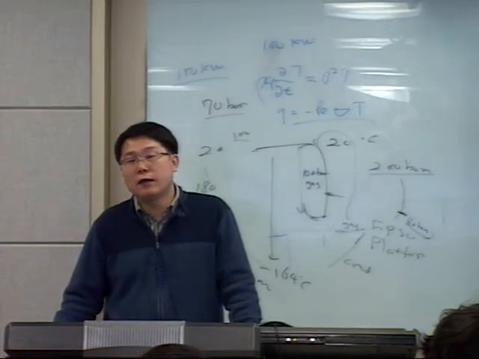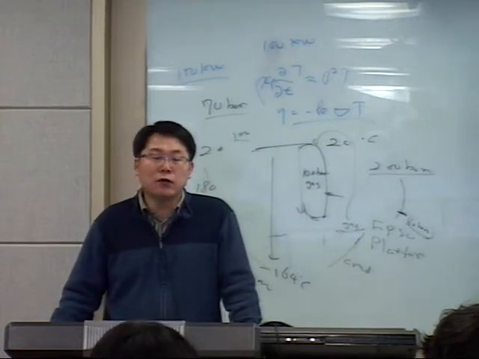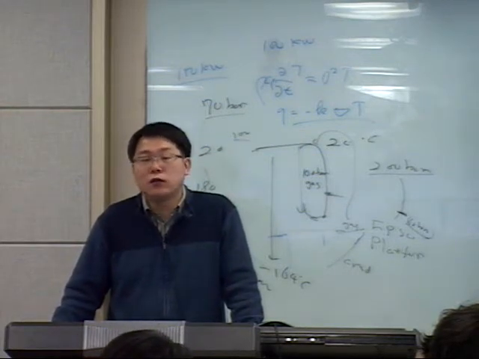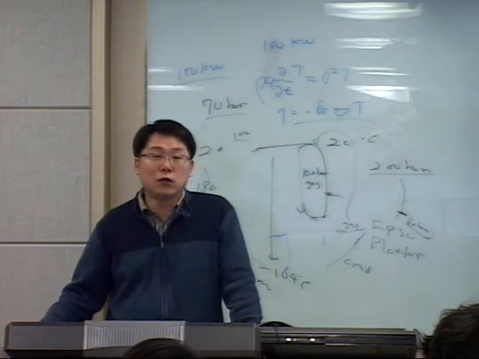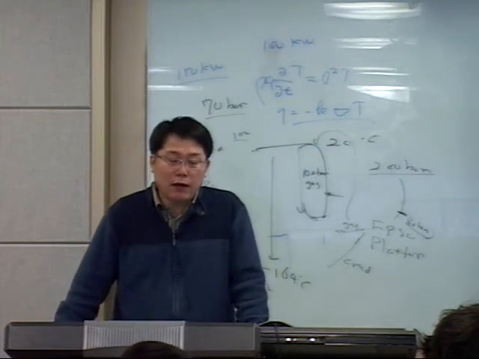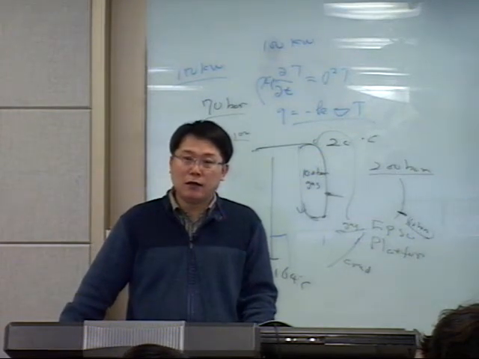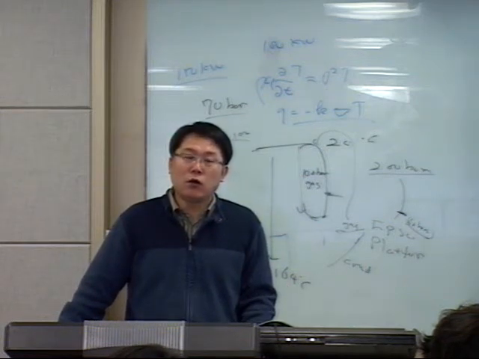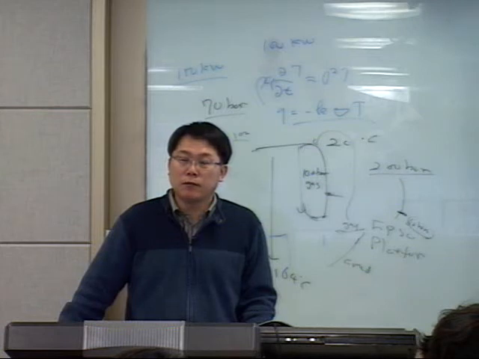They don't know about the system. They don't know about the system structure. They don't know about initial condition or boundary condition. What they can do is calculation. Okay, solving partial or ordinary differential equations.